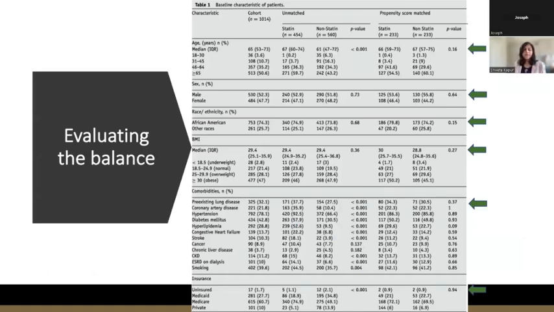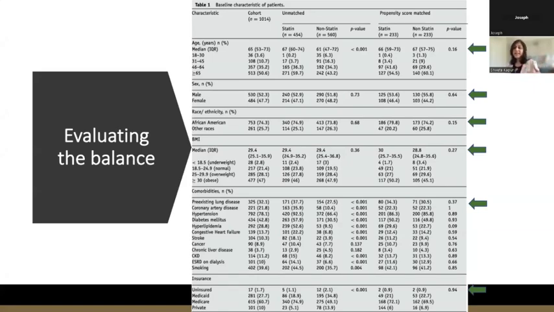The table here shows what we achieved. We evaluated the balance between the two groups. You can see in this table that before matching, we had such an unbalanced group, but after propensity score matching, our groups were quite balanced. And like my little one says, green light means go.